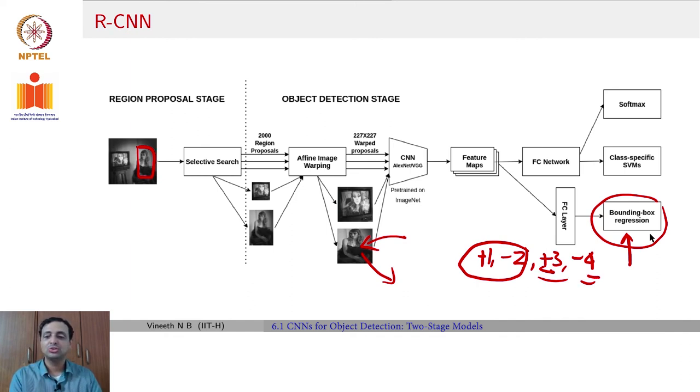So this bounding box regression module predicts the offsets from the current location of the box that you have. Now let's see the entire training procedure.